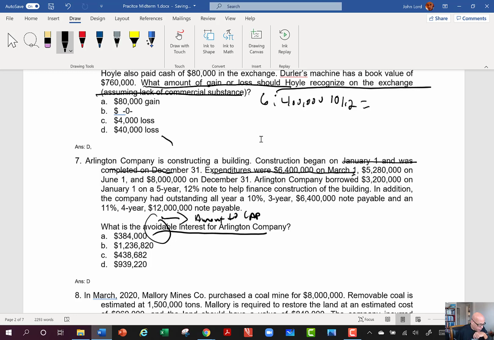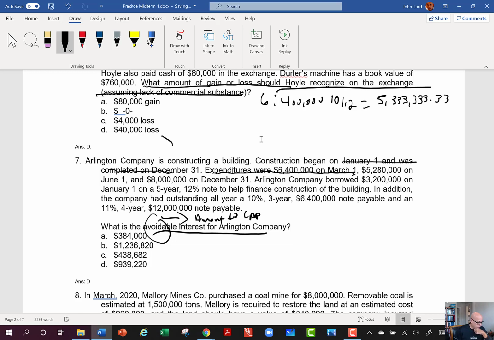So when I do the math on that, that becomes $5,333,000, and 33 cents.